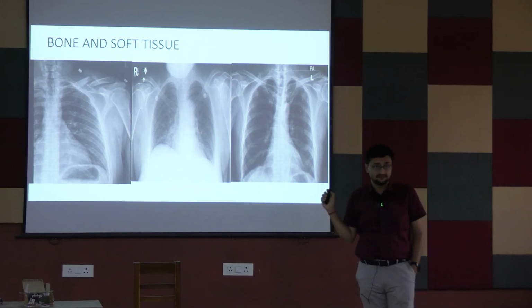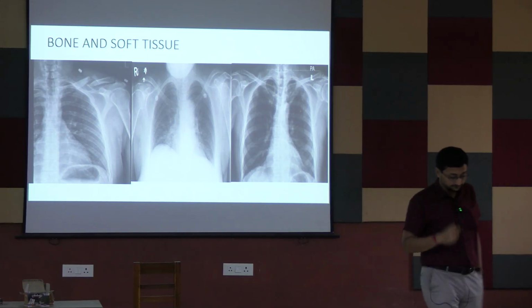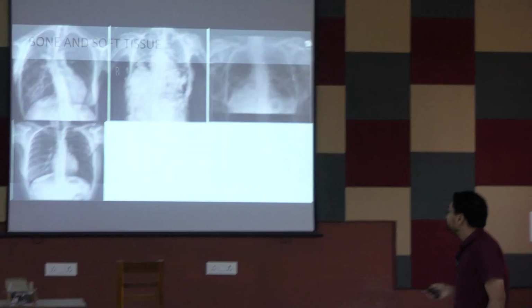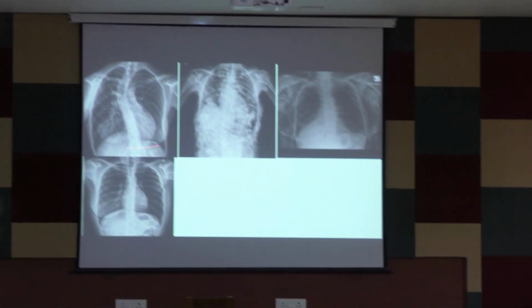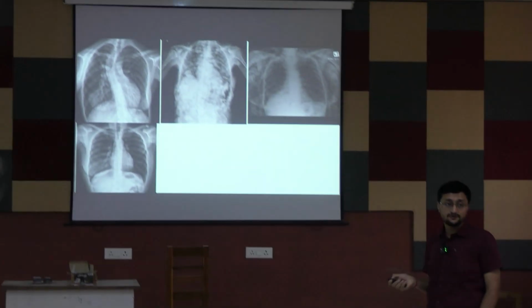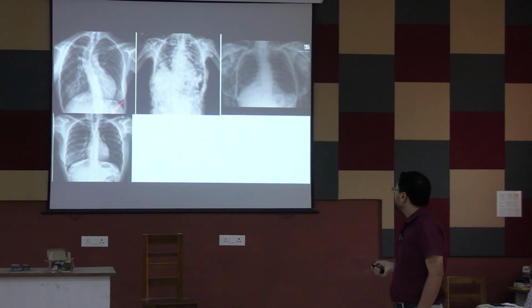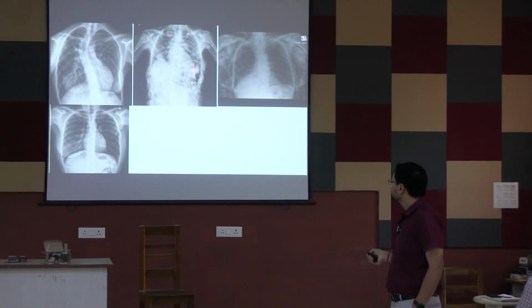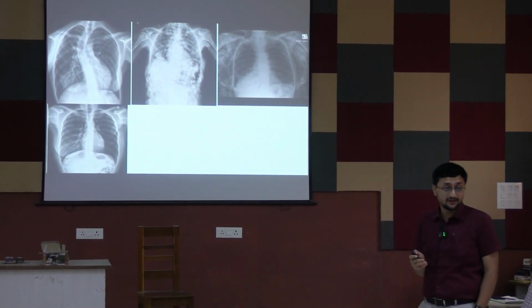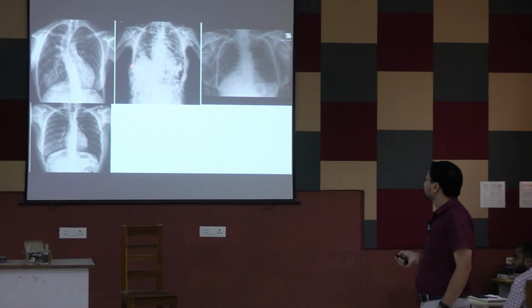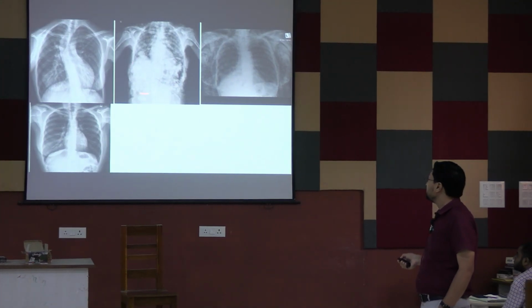That means rib fracture. Next, this is kyphoscoliosis, and this is what I said a while ago, why soft tissue is important. Can you see some opacities here? These are the soft tissue opacities.